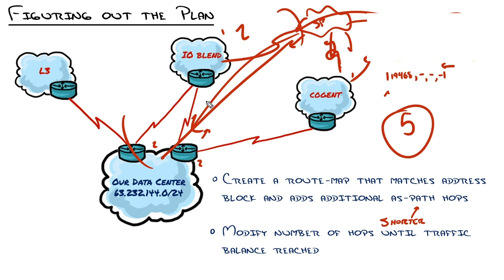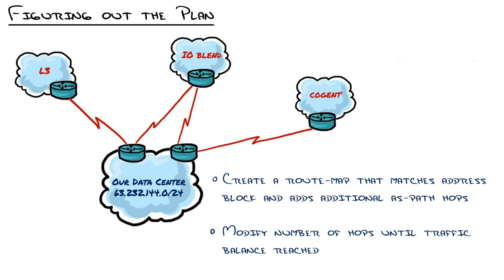So the way that we can influence that is through that method called AS path prepending. The way it works is pretty tricky, and I almost wonder if somebody originally patented it. You take your own autonomous system, which is 19468, that's what ours is, and you actually stamp it multiple times in a row. So it's the same AS number many times on the paths that you would prefer people not use as much.